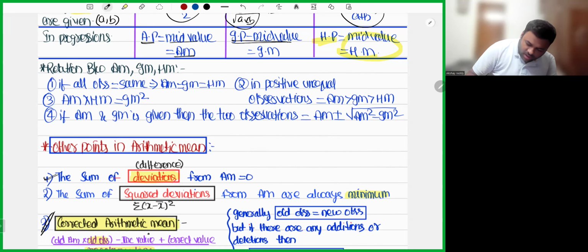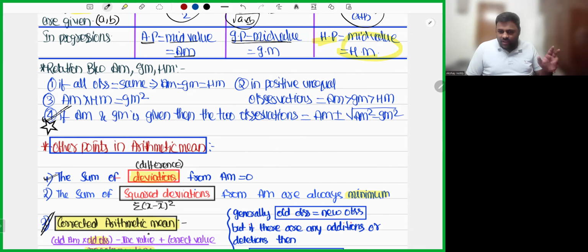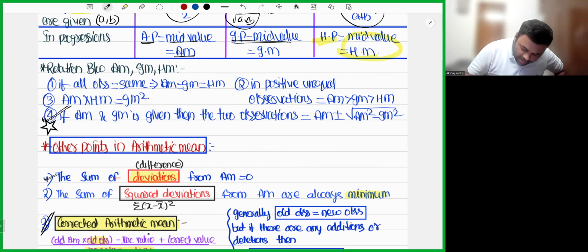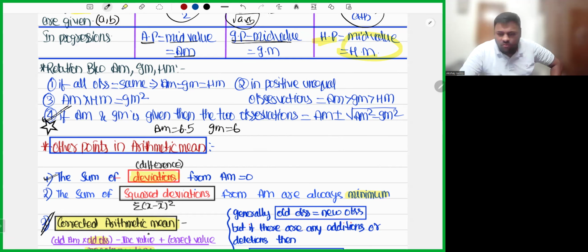Now, see this fourth one. It's an important one. Sometimes what happens, he'll give you AM and GM, and he'll ask you the two numbers, from where this AM and GM came. Like for example, I'm telling AM is equal to 6.5, GM is equal to 6. What you can do is option verification, or else you can apply this formula.